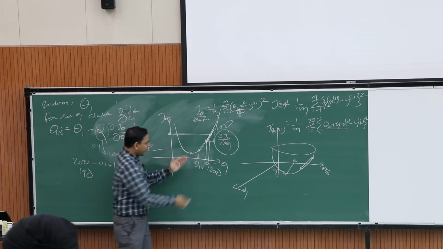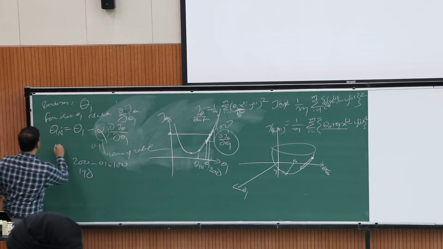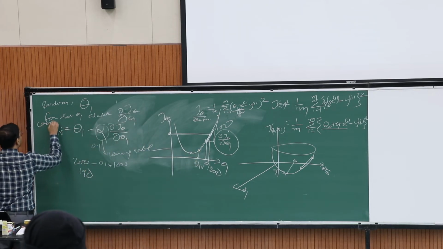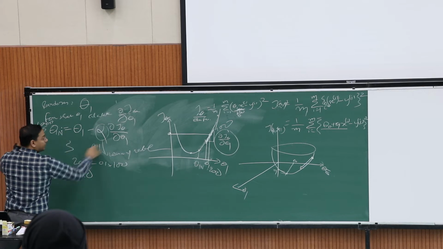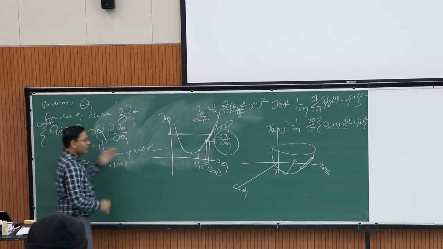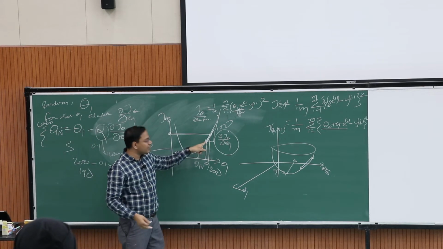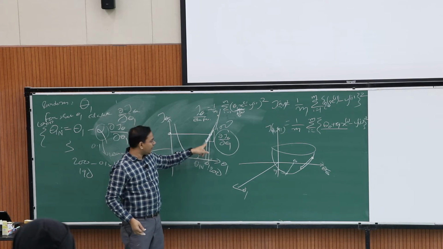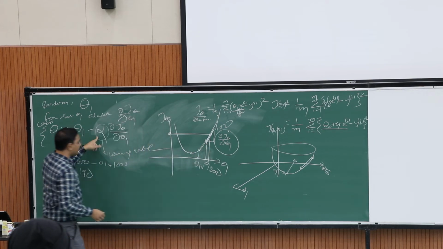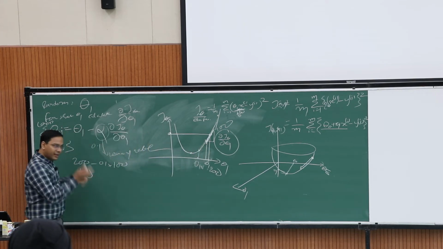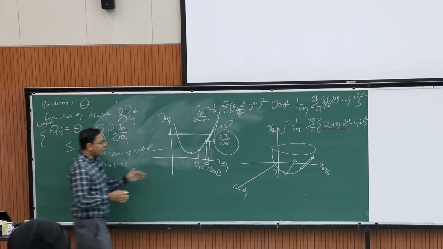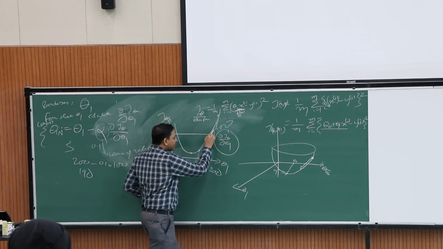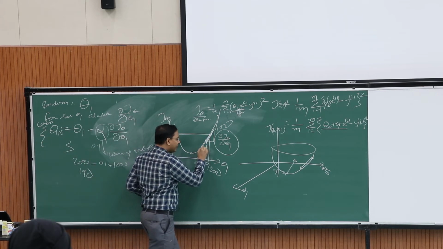Again, in the next step, you do this in a loop. Keep doing it. Once you are here, again calculate the derivative, multiply by alpha and subtract it from the current theta.